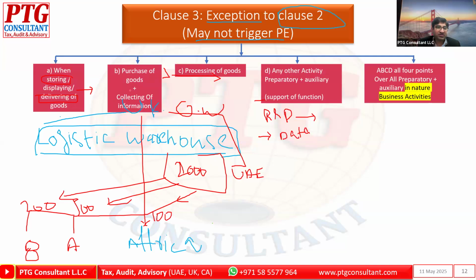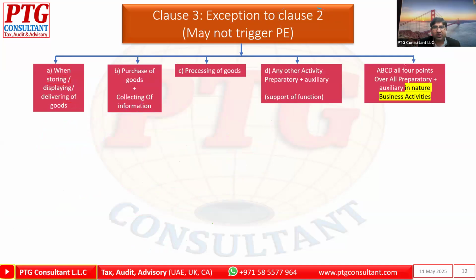Next, what is the next? Okay. So here, A plus B plus C plus D, all these four points, A, B, C, D, overall.